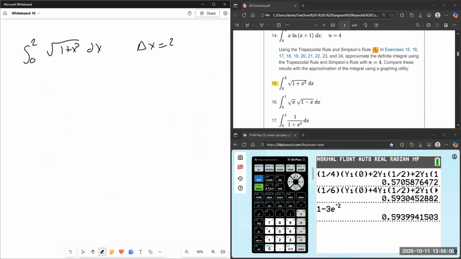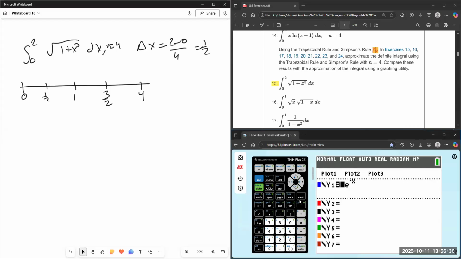Delta x is 2 minus 0 over n, which is 4, which is 1/2. So we have values of 0, 1/2, 1, 3 halves, and 2, which are going to be exactly the same thing as what we have up here.